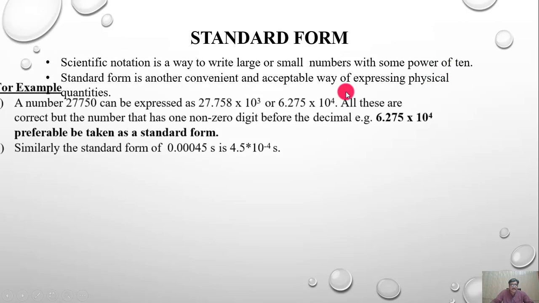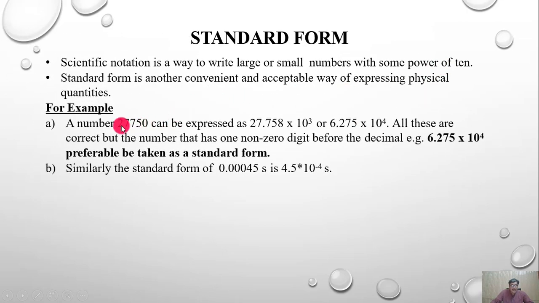For example, a number 27750 can be expressed as 27.750 into 10 power 3. How did this 10 power 3 come? When we are not given any decimal in such values, we suppose that the decimal is here.